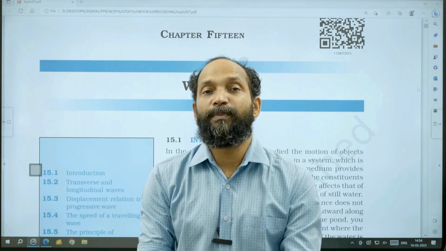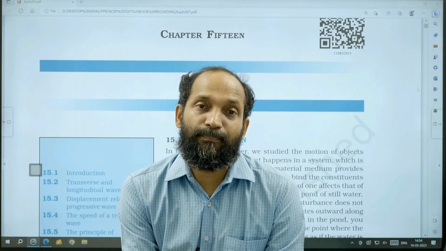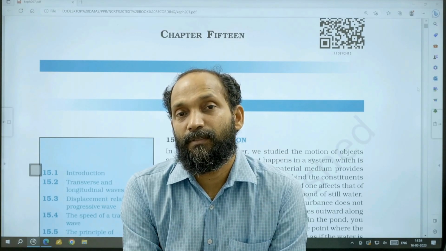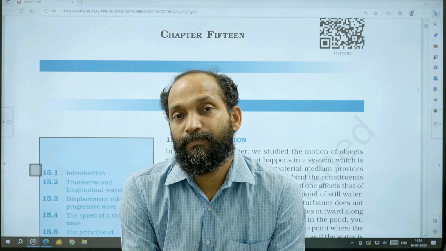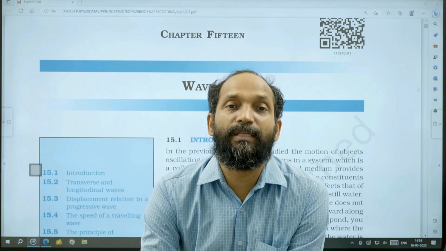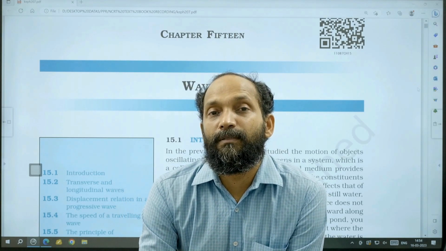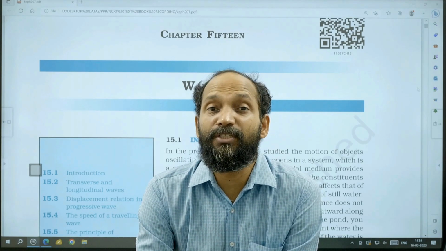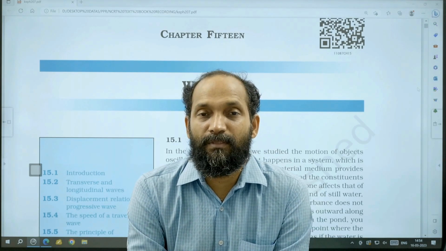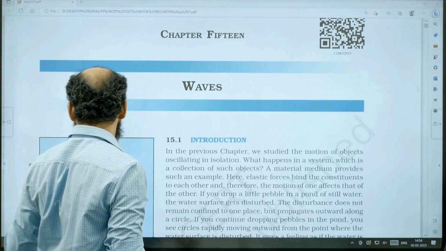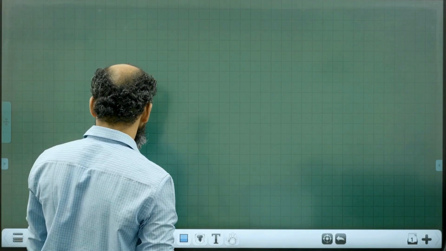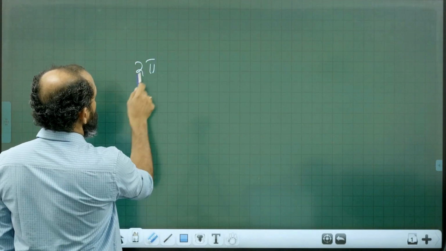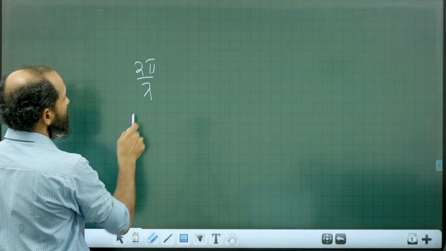The distance between two particles of the medium in the same state is an integral multiple of the wavelength. There is a constant relationship between this wavelength and the phase difference and path difference. That relationship looks like this. 2 pi by lambda is a proportionality constant.